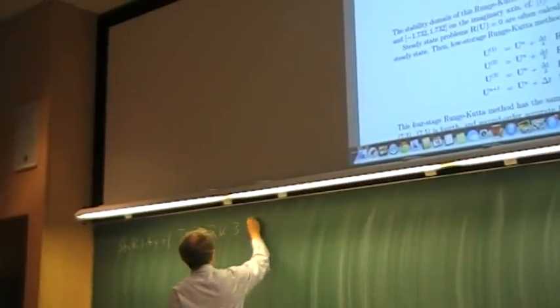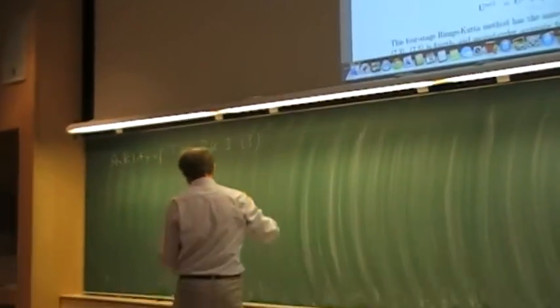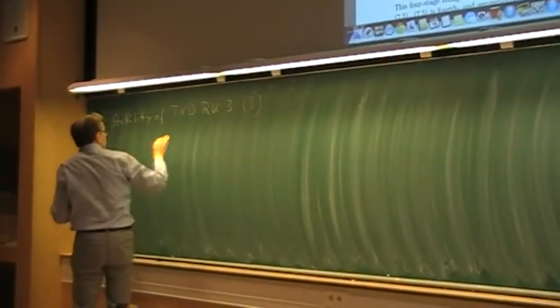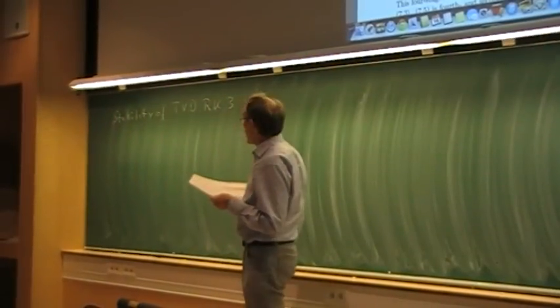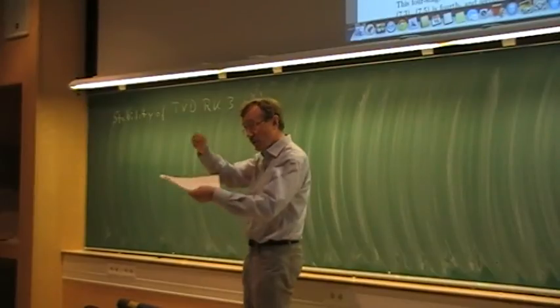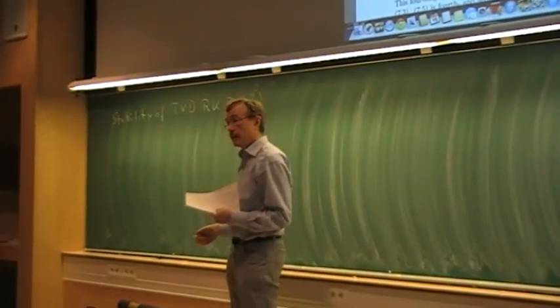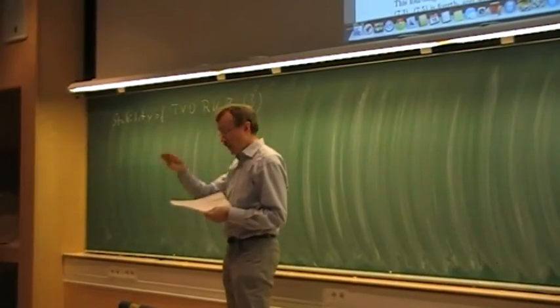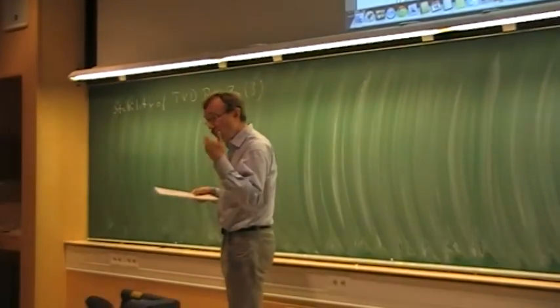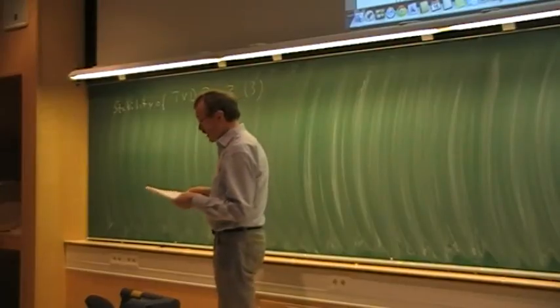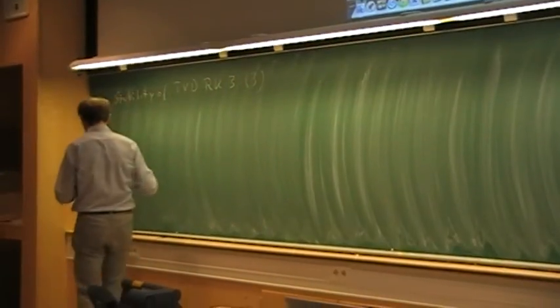That was equation 3. By the way, the TVD, they changed the name later on. They call it strong stability preserving. Like for the explicit Euler method, this method has the same property that we get strong stability when we apply it, for example, to a scalar conservation law, as we discuss here.